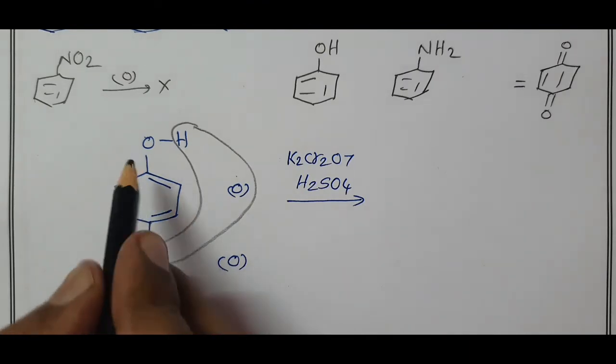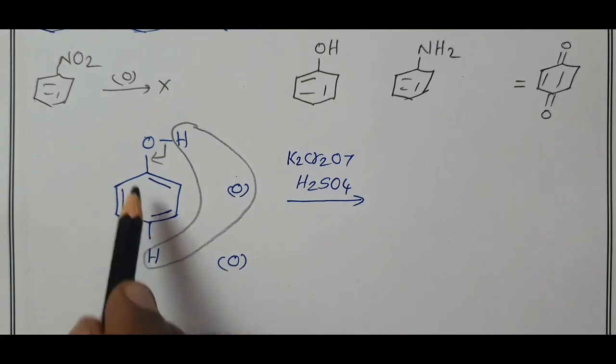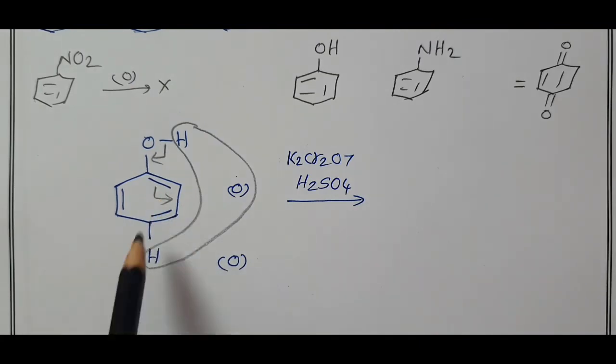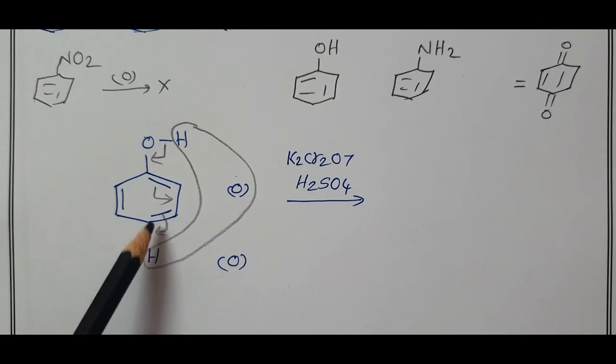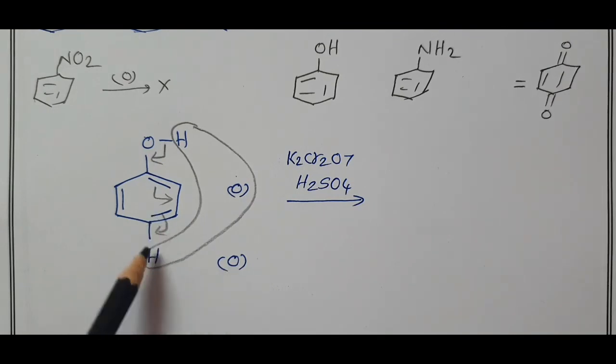Now this bond is shifted between carbon and oxygen. Here also one bond shifting takes place due to repulsive force. This bond comes out. Already here there is one single bond, so after this bond comes out, a double bond is formed. To that double bond we can add this oxygen.